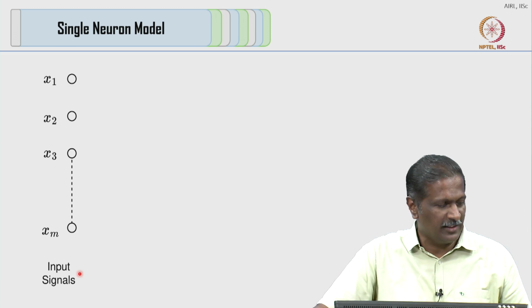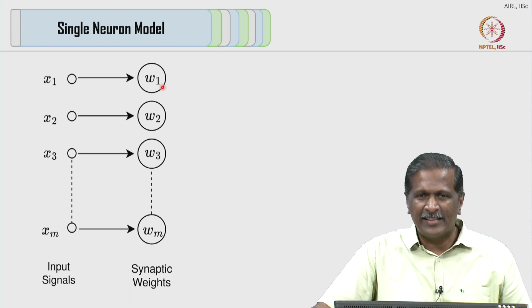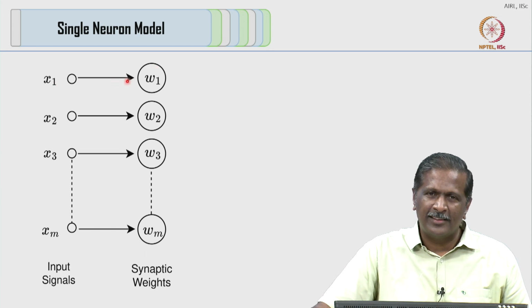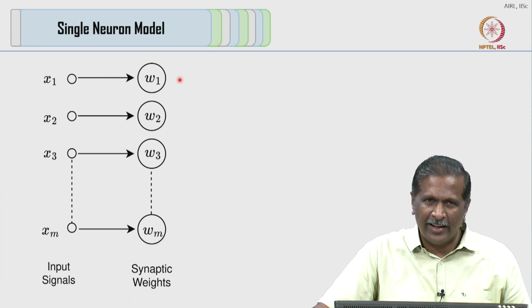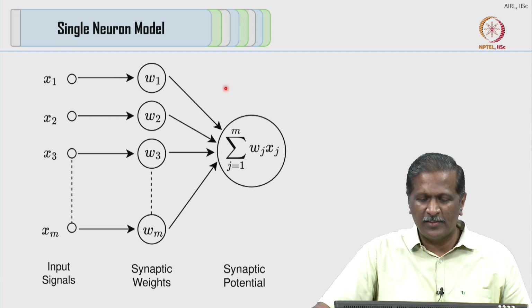These are input signals coming through dendrites, and the synapse has some chemical process, neurotransmitters, that sometimes inhibit or excite. We represent them as synaptic weights. Each connection has a particular synaptic weight, and that is sent to the cell body.